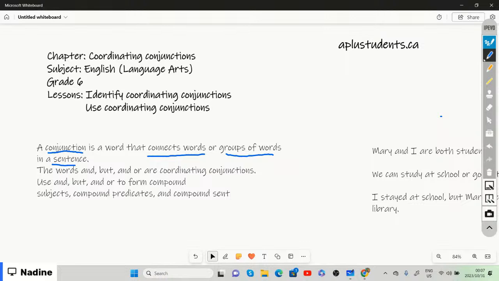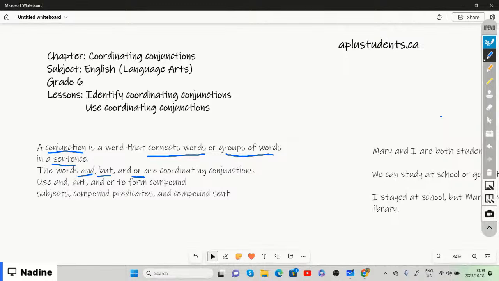If we look at the common conjunctions, they are and, but, or.